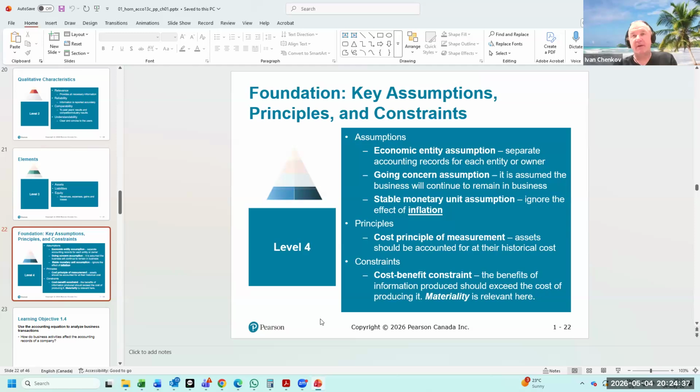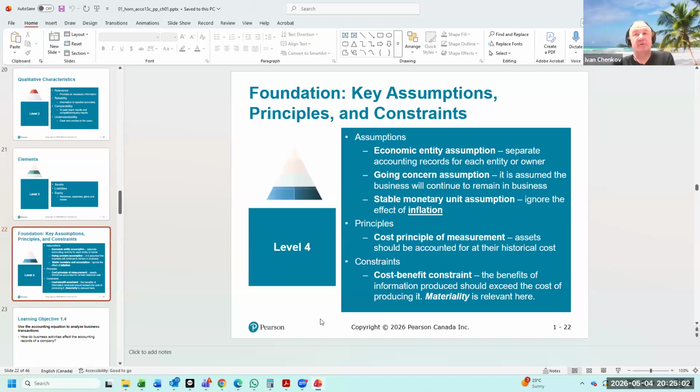If the effect of inflation becomes a player, then we apply different assumptions, with specific guidance coming from the standard setters, who tell us what to do if certain events happen in a certain way.